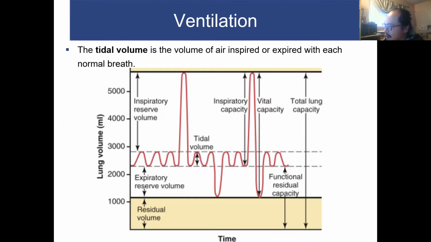So tidal volume is the major one. That tidal volume times the respiratory rate is the minute ventilation. Some other important ones are the inspiratory reserve volume as well as the expiratory reserve volume. Also, the residual volume is important to know.